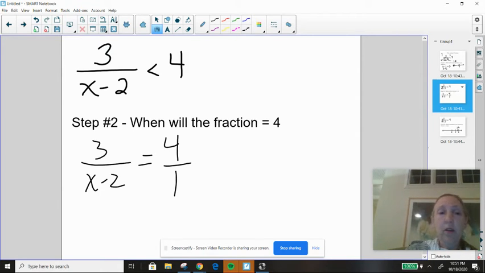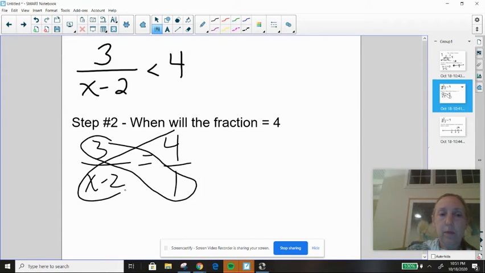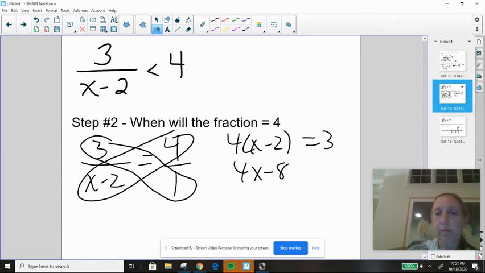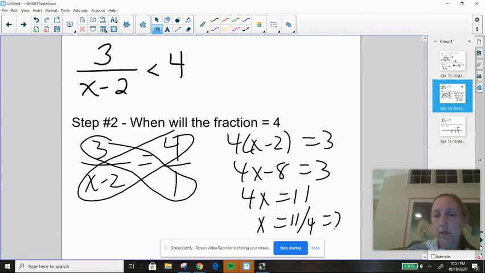So you guys know that to solve a proportion, you can cross multiply. So just your regular 4 times x minus 2 is 3, and you solve this equation. And you get the answer of 11/4, which is 2 3/4.